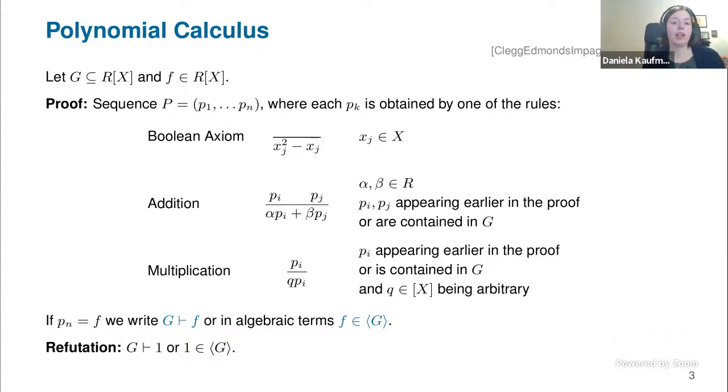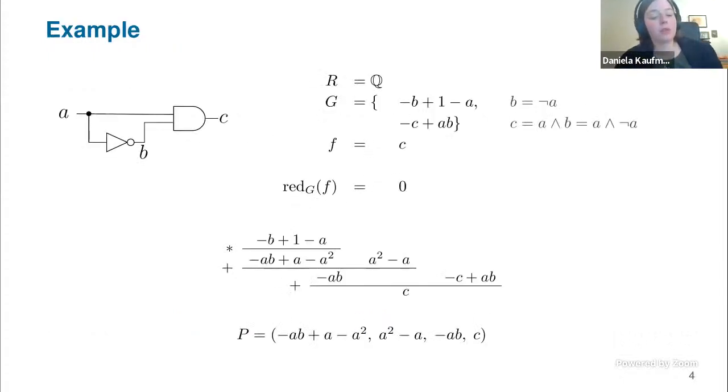And when we take now an example, we have here a small circuit consisting of an inverter, so B is the negation of A, and then C is the conjunction of A and B, so C in fact computes A and not A, so that's why the output is always 0. So we have here our specification. C is equal to 0, and that's what we want to show, that from these two gate constraints we can derive that C is always equal to 0.